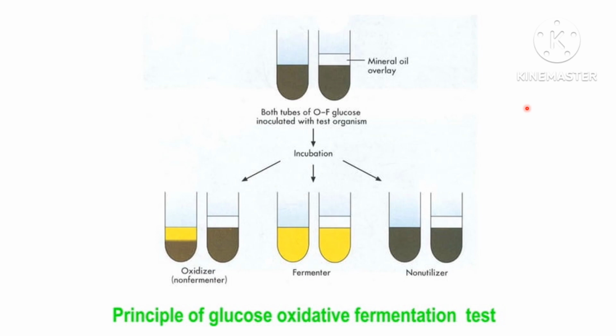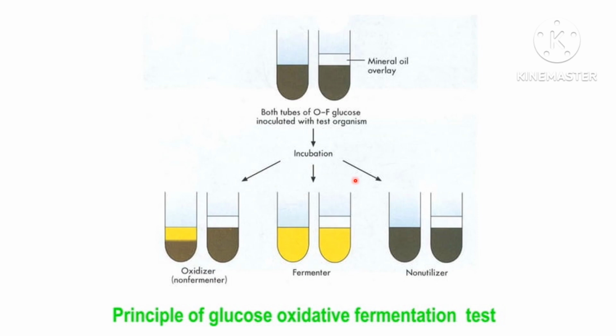So the bacteria will grow aerobically in the tube where mineral oil is not present, and anaerobically where mineral oil is seen. Both tubes of OF glucose are inoculated with the test organism, and after the inoculation, one tube will be overlaid with mineral oil to create an anaerobic condition.